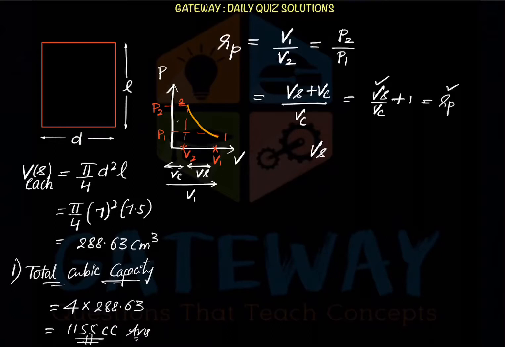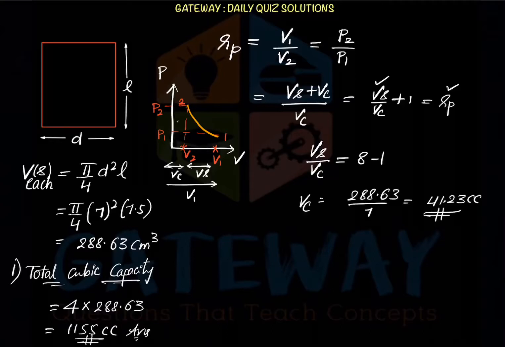VS upon VC plus 1 is equal to RP, which was given in the question as 8, so VS by VC is 8 minus 1. From that VC is equal to VS, 288.63, upon 7, and that comes out to be 41.23 cc. For a cylinder we need not take a rounded off value. This can be the answer, but for the engine we need to take a rounded off value.